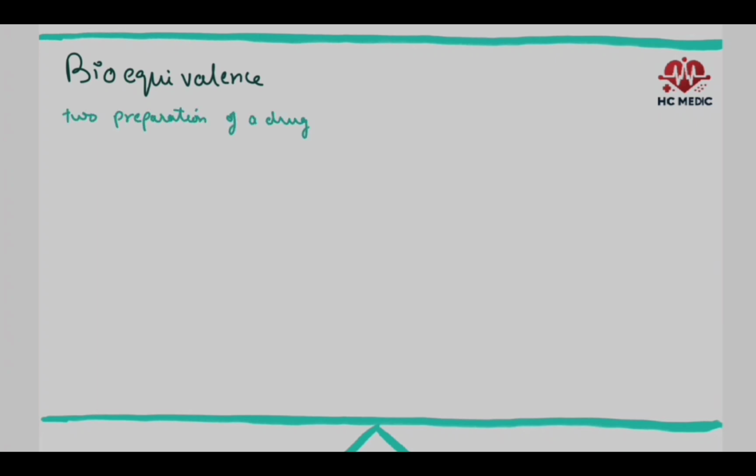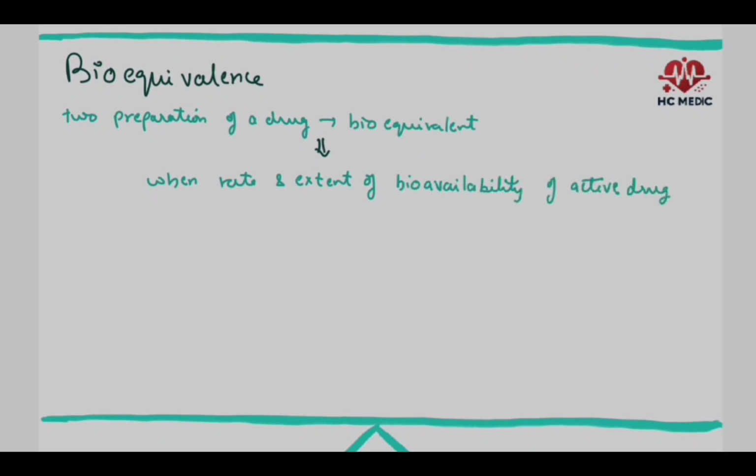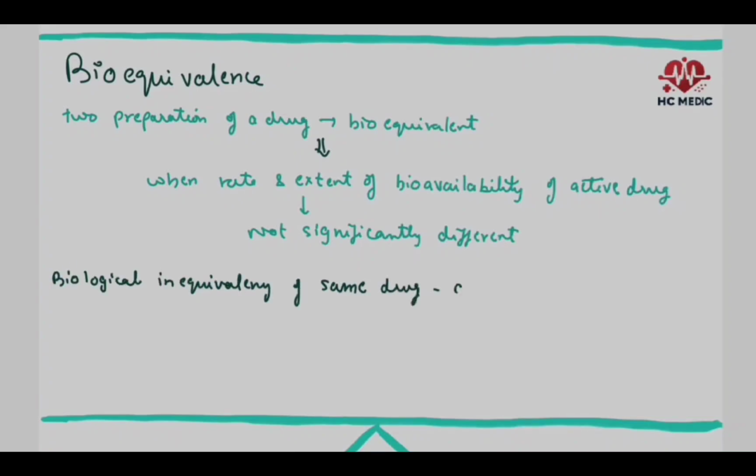Now we will discuss about bioequivalence, which means that two preparation of a drug is bioequivalent when the rate and extent of the bioavailability of active drug is not significantly different. This is important when two different manufacturers are producing the same drug. Now biological inequivalence of same drug is seen in different manufacturers, as I've told, or in different batches of the same manufacturer.